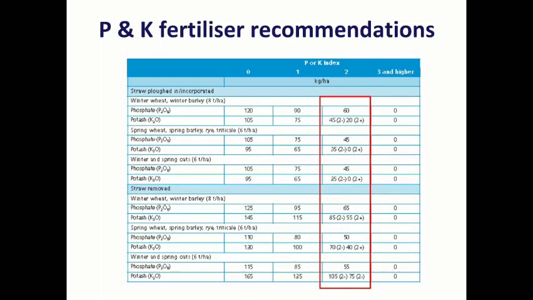So you can see there, just in red, has been highlighted. If you had an index of 2 and you were growing, let's say, spring wheat with an index of 2, you'd need to put on 45 kilograms P2O5 per hectare. Or if your potash index was 2. Now with potash, by the way, we do divide up that index into 2-, which is lower, and 2+, which is on the high range.